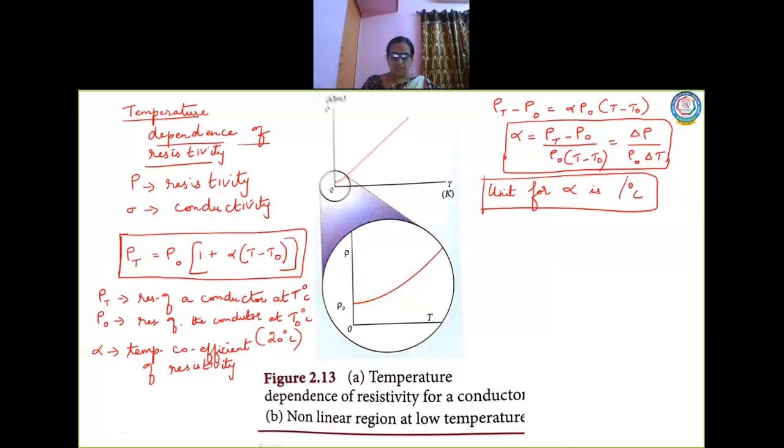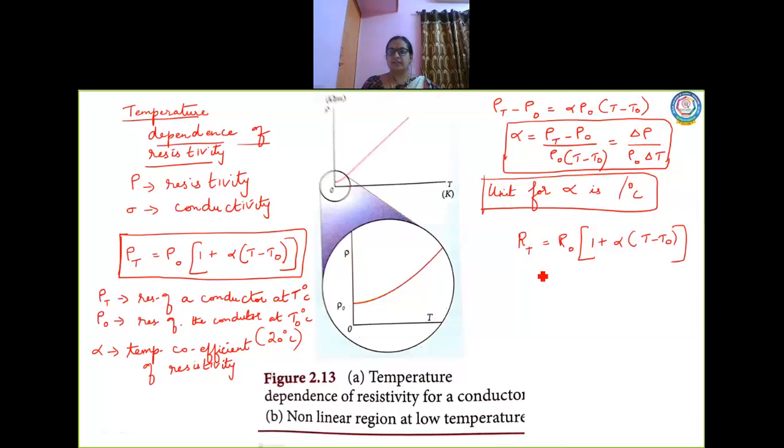Is it clear? Now this formula can also be written in terms of resistance. In terms of resistance, I can write RT is equal to R naught into 1 plus alpha into T minus T naught.